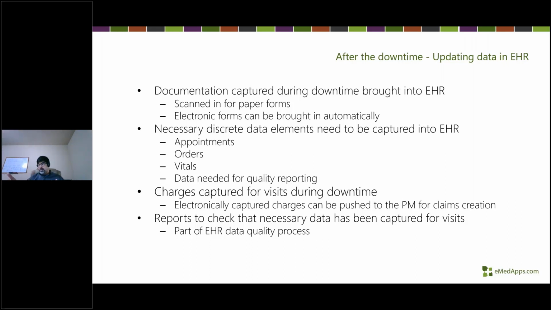If they're electronic forms to begin with, those could be brought back in automatically so they're available when EHR is brought back online. Those can be pushed in depending on the process that's involved, and that information is available and in the system for you. What do I need to chart back into the EHR?